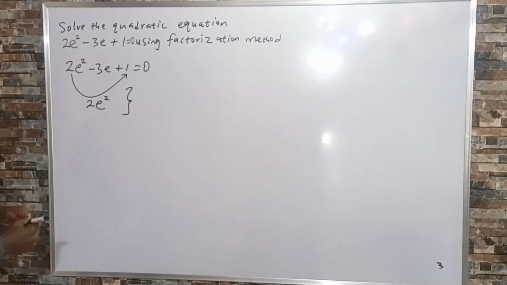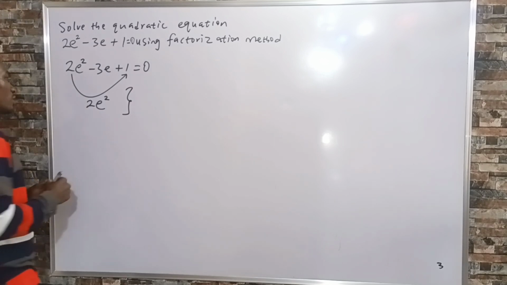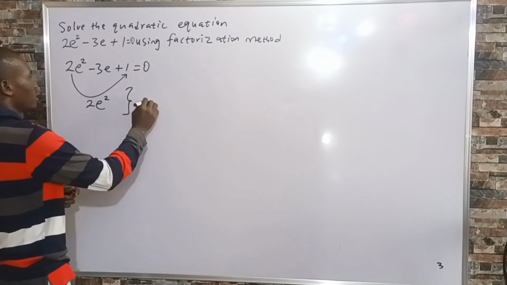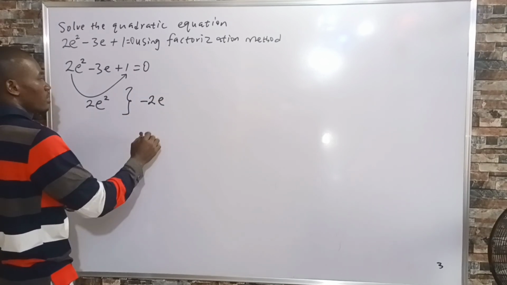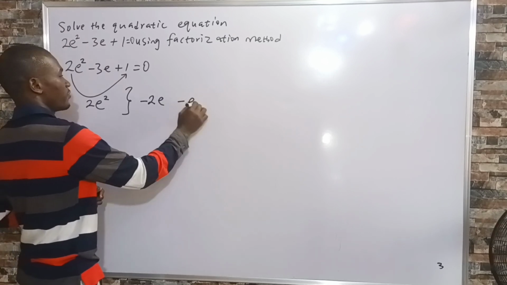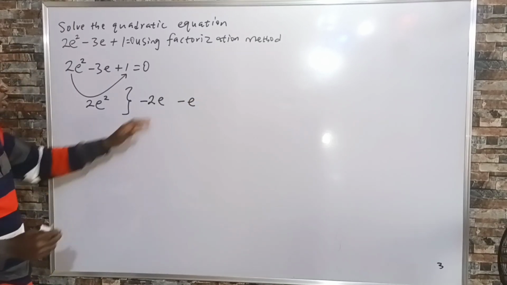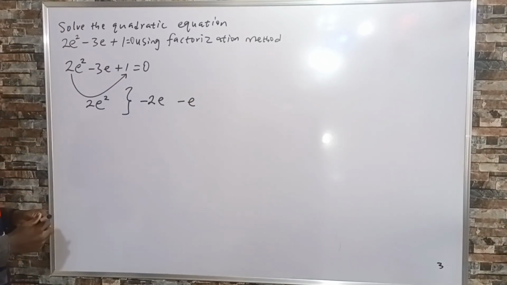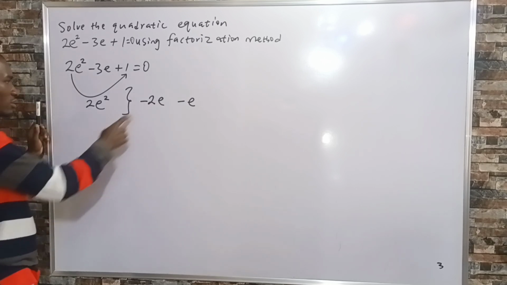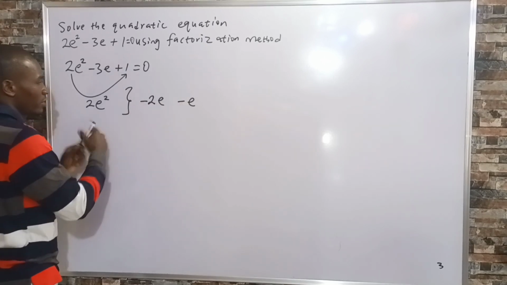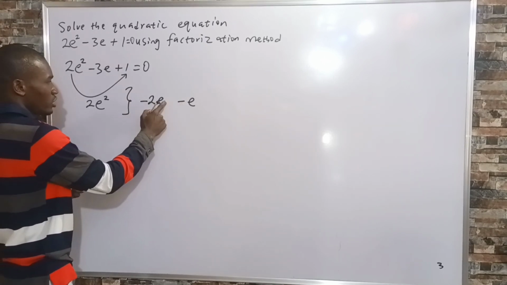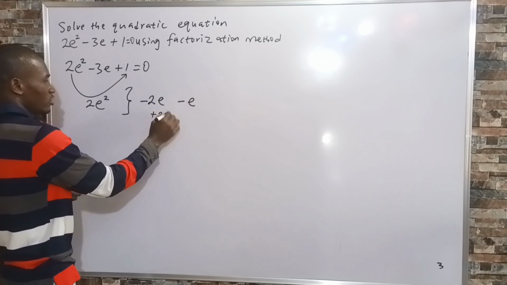And what are those factors? I would use negative 2e and negative e. The reason why we use these is because I know that minus multiplied by minus is plus. Then 2e multiplied by e will give us 2e squared.